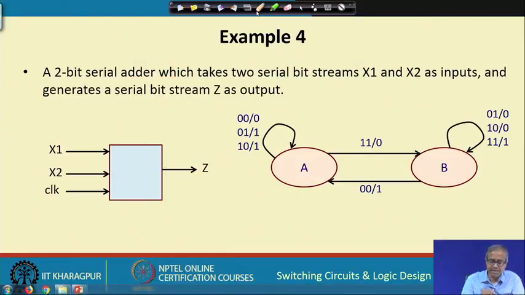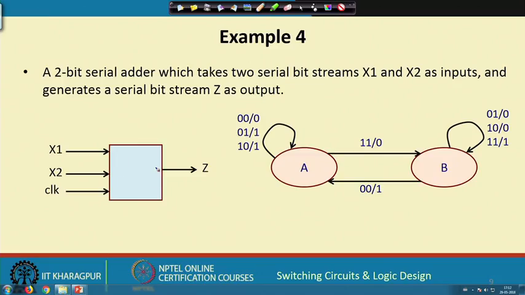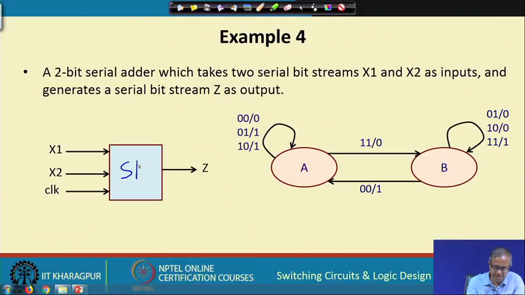Now, we consider an example which is a serial adder. I took this example earlier when we were discussing the flip flops and other simple applications of flip flops. Now, let us look into the design of the serial adder in a little more formal way. I mentioned earlier, if you recall, that a serial adder is a circuit which will have 2 serial inputs x1 and x2, where the bits will be coming serially and the sum z will be generated serially in synchronism with a clock.